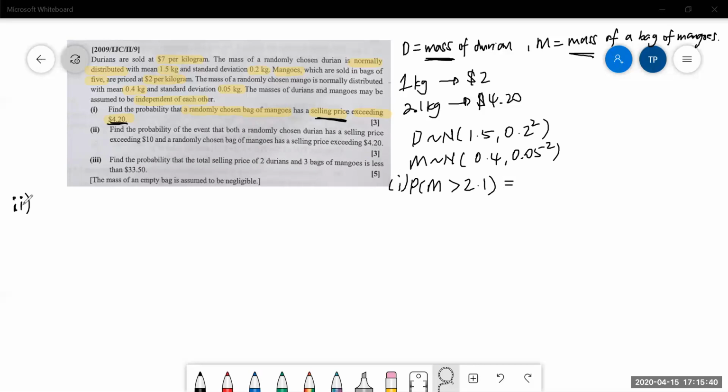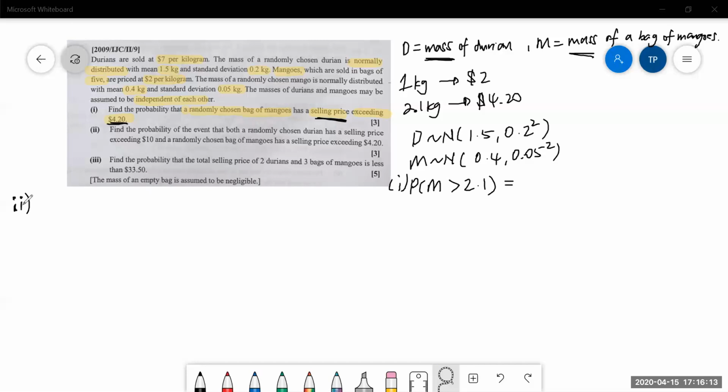The lower is 2.1, then the upper is E99, right?